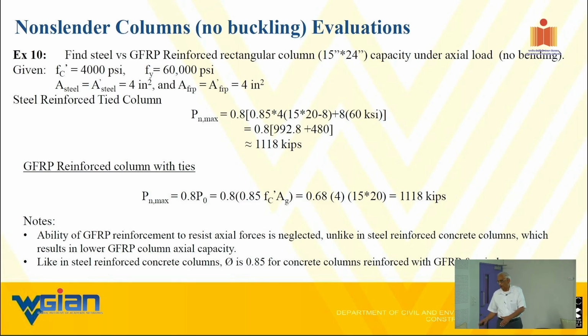That's my argument. So there some improvement can be made. Okay. With ties, it is a 0.8. With spirals, it is 0.85.